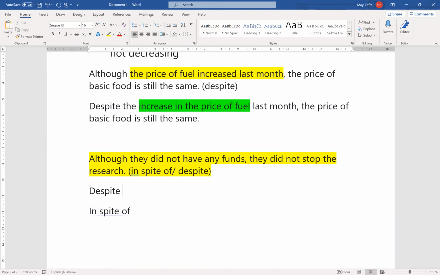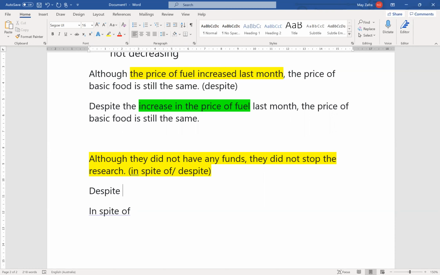Despite the not enough funds, enough is an adjective.